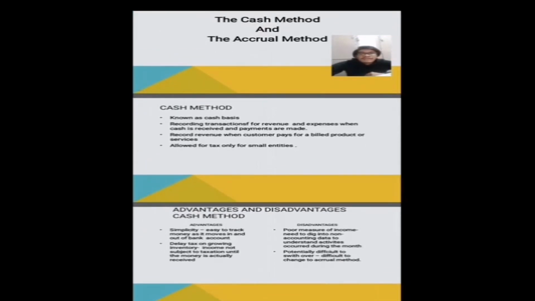So for the cash method, it means the method of recording transactions for revenue and expenses only when the corresponding cash is received, only when a customer pays for a bill, product or service, and you record the payable only when it is paid by the company.